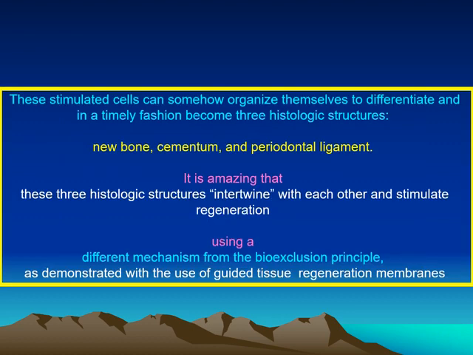These stimulated cells can somehow organize themselves to differentiate and in a timely fashion become 3 histologic structures: new bone, cementum, and periodontal ligament. It is amazing that these 3 histologic structures intertwine with each other and stimulate regeneration using a different mechanism from the bioexclusion principle, as demonstrated with the use of guided tissue regeneration membranes.